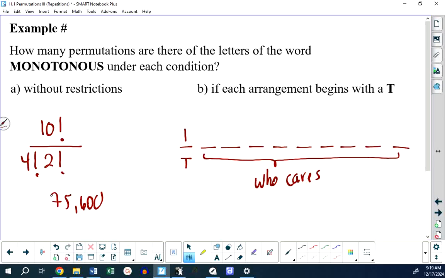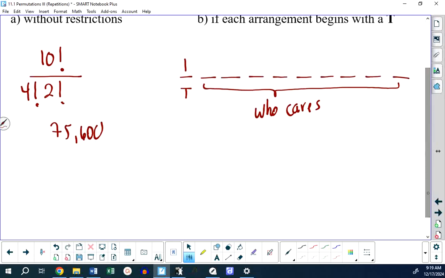There's only one option. And then rather than me saying 9 times 8 times, I really just abbreviate this and say with the fundamental counting principle, I need a T and I need the arrangements of the other 9 items.